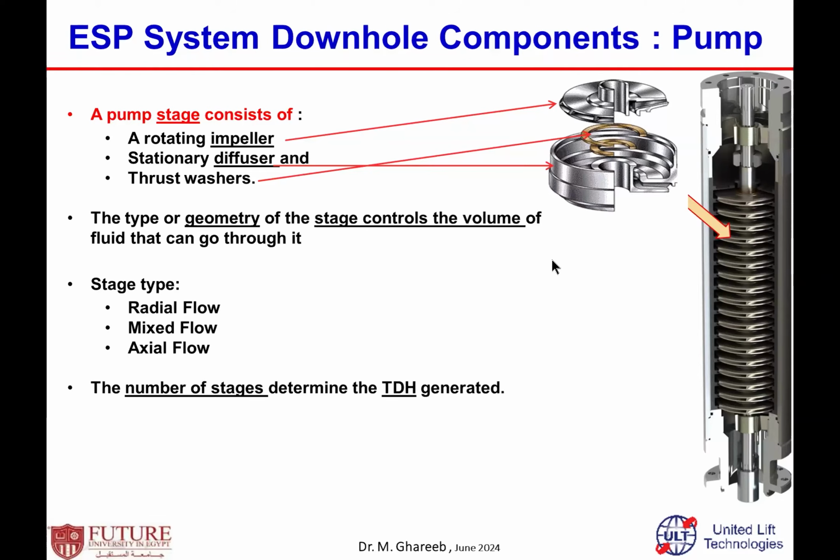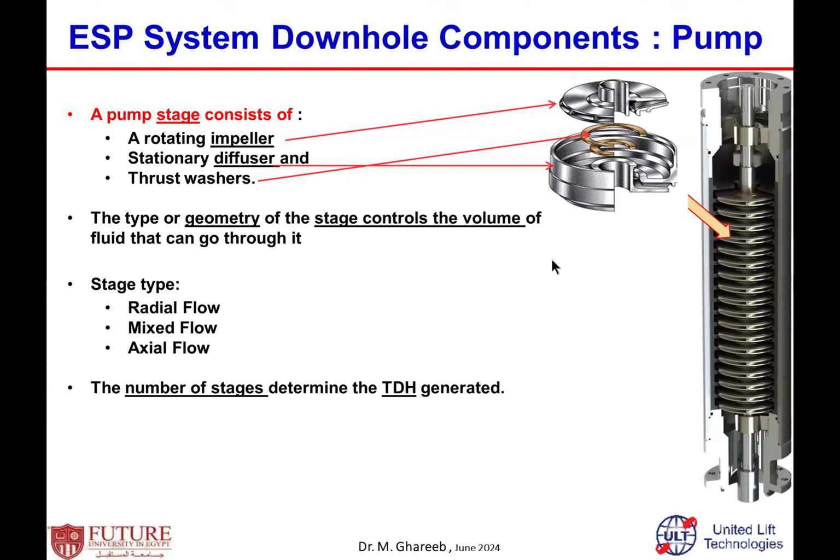The type of geometry controls the volume of fluid that can go through, and the number of stages determines the total dynamic head generated, how much head I need to lift the fluid from the pump up to the surface.